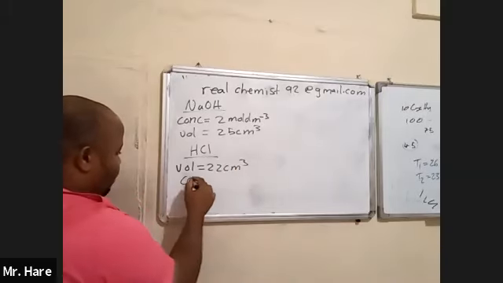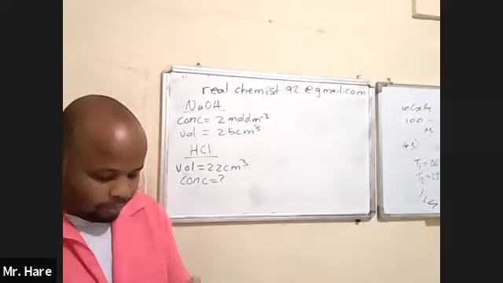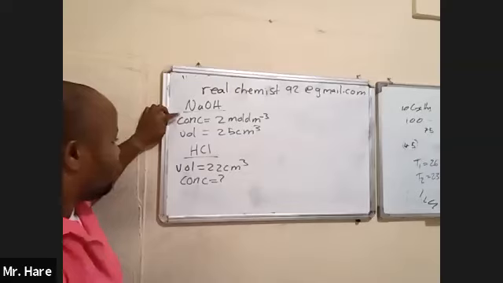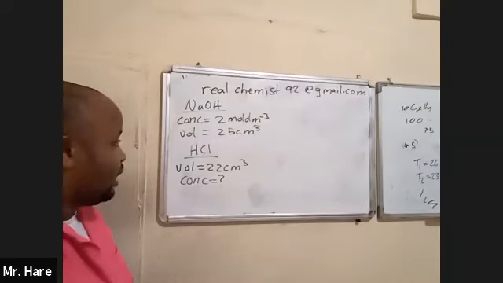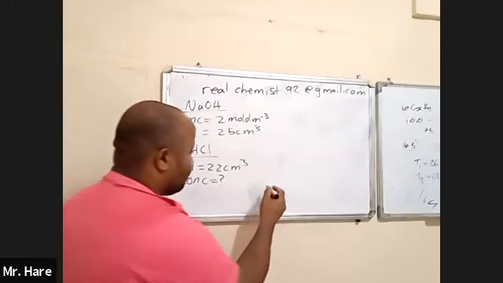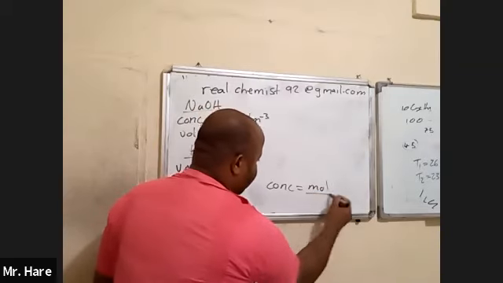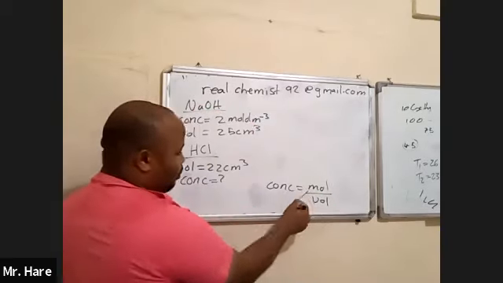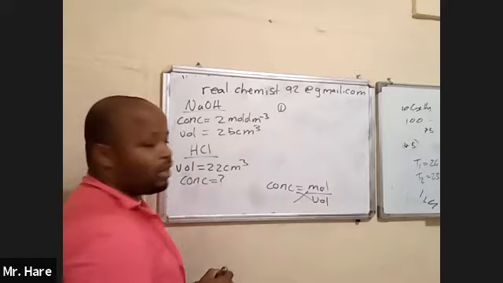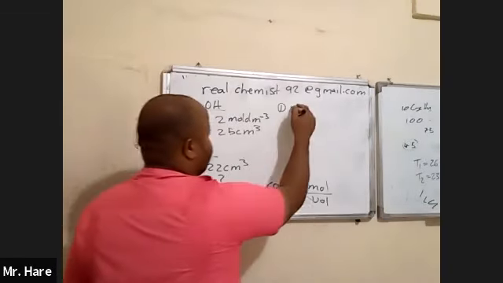And we're going to try and find the concentration. So we have concentration and we have volume of the sodium hydroxide. Therefore, we can calculate the number of moles. So remember, concentration is mole divided by volume. So mole is concentration times volume. So step 1, we're going to calculate the mole of sodium hydroxide.